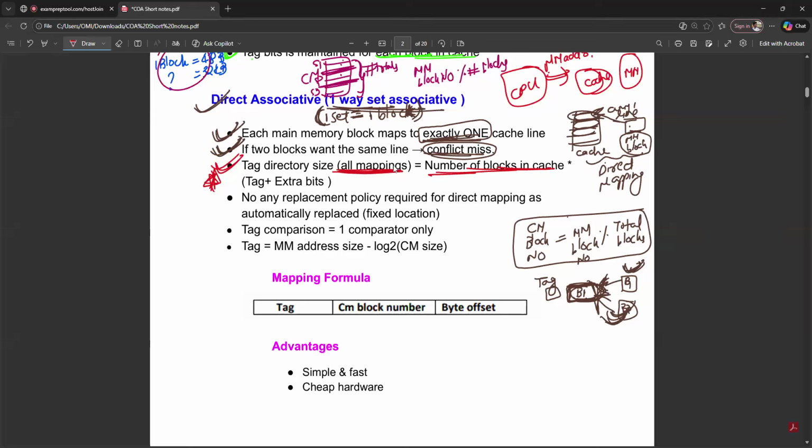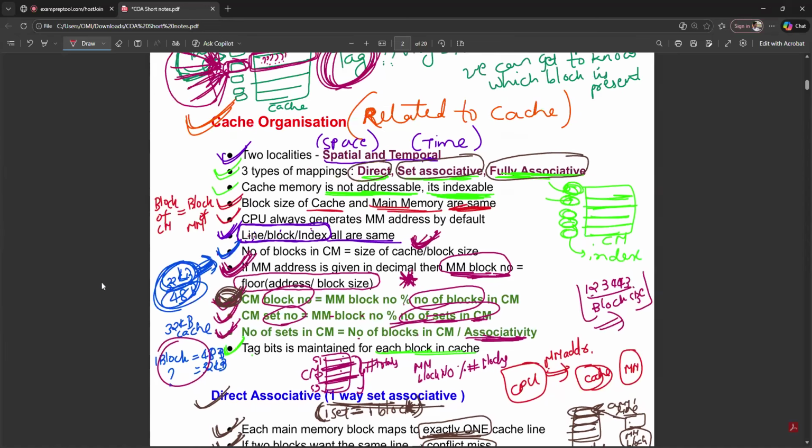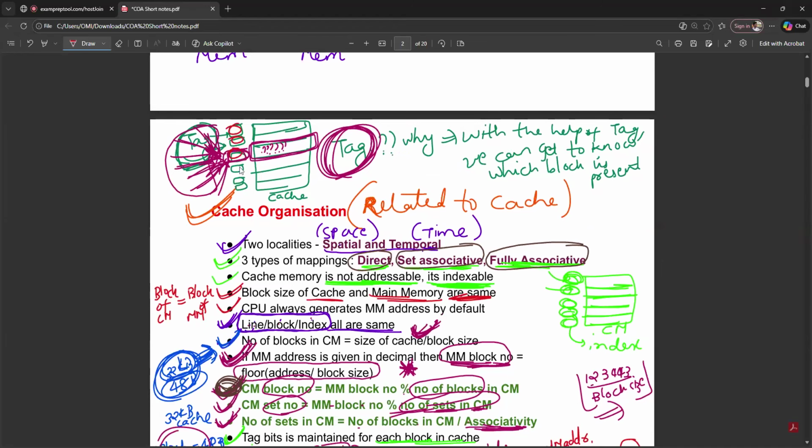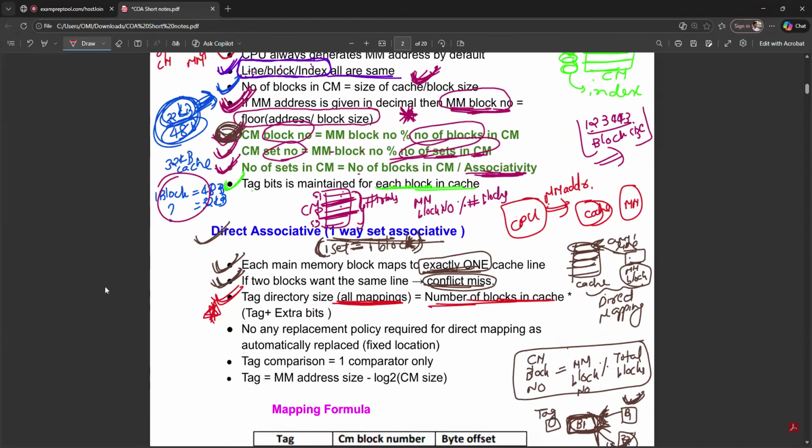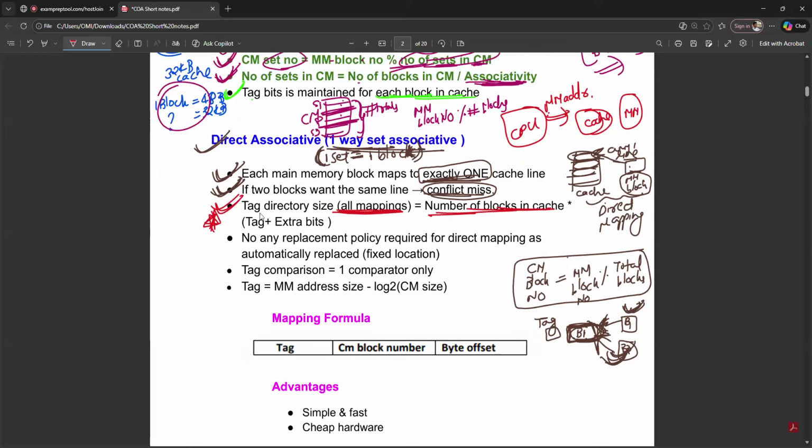Tag is used for each block, so total number of blocks times the tag bits plus extra bits. If extra bits are not given in a question, you can take zero.